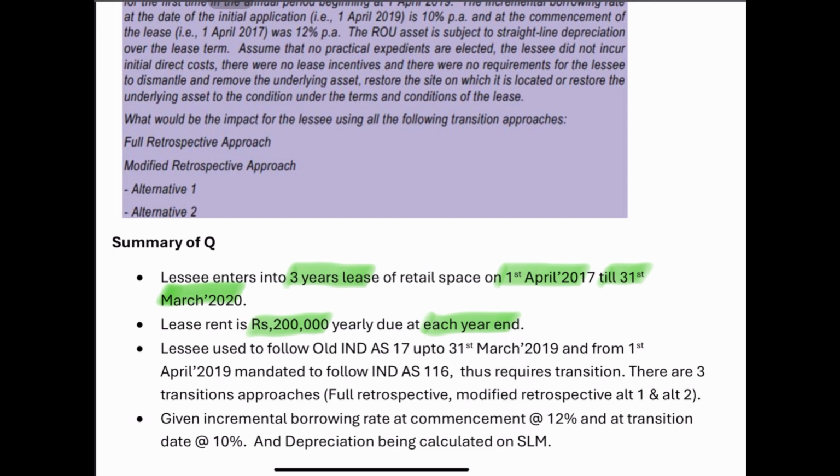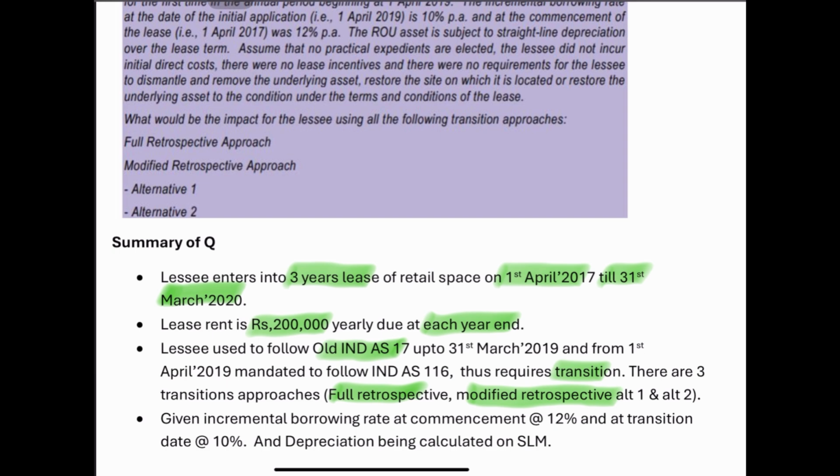The lessee used to follow old Ind AS 17 up to 31st March 2019, and from 1st April 2019 is mandated to follow Ind AS 116, thus requiring transition. There are three transition approaches available: full retrospective transition, and modified retrospective transition, under which there is alternate one and alternate two.